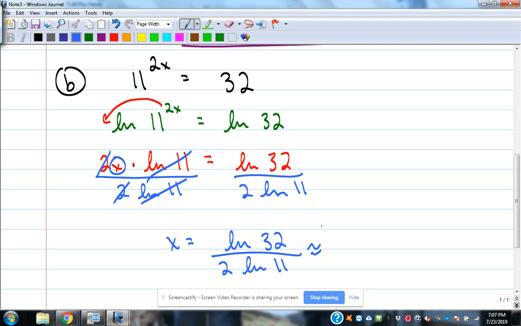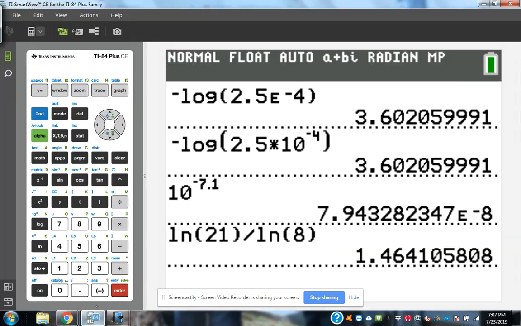This one's a little trickier to get the decimal approximation on because they've got that 2 in the bottom there. So when you go to put that in the calculator, you're going to hit natural log of 32, close those parentheses, and then we need to put in parentheses 2 times the natural log of 11, and then close those parentheses up like that.